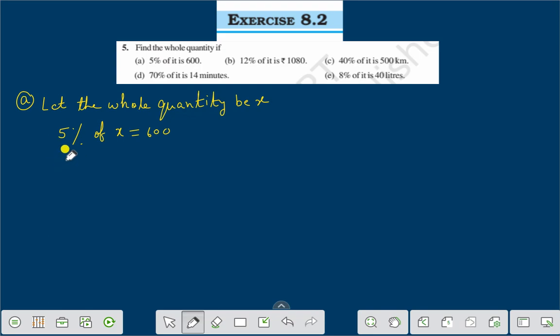Therefore, 5% means 5 by 100, and of means multiply, into x, that is 5x by 100 is equal to 600.